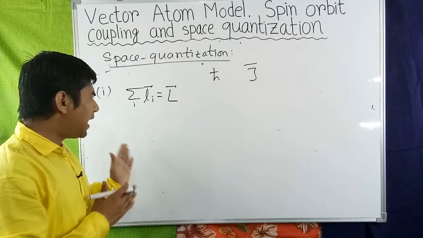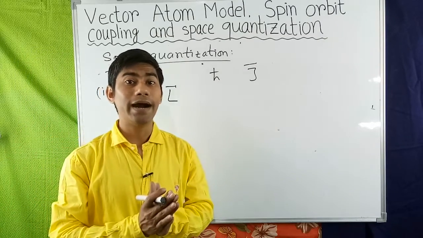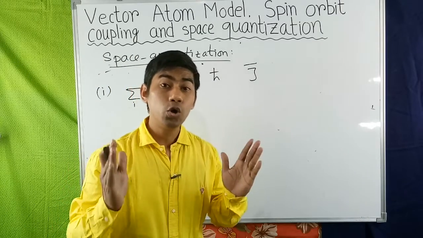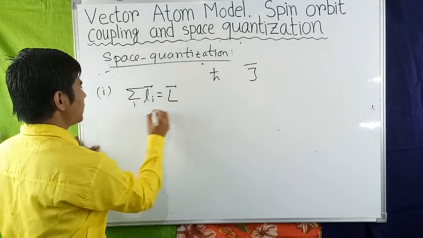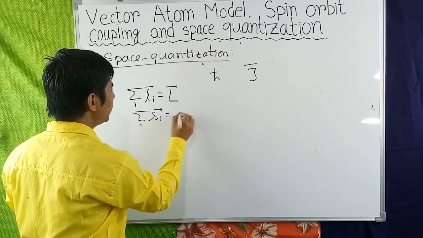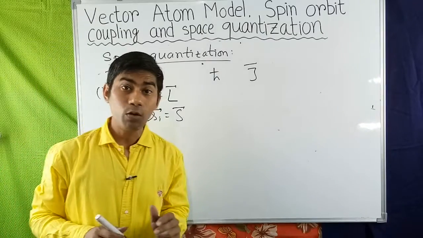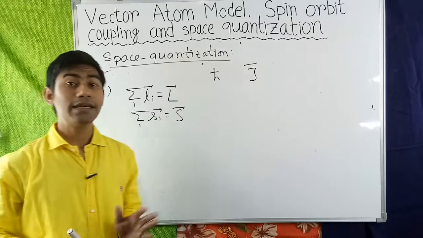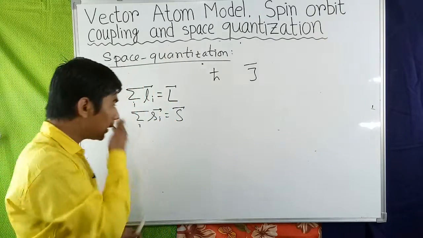And the spin angular momenta of different electrons are added to produce the total spin angular momentum of the atom, that is summation over i of Si equals S vector. Si is the spin angular momentum of each electron, and capital S vector is the total spin angular momentum of the atom.